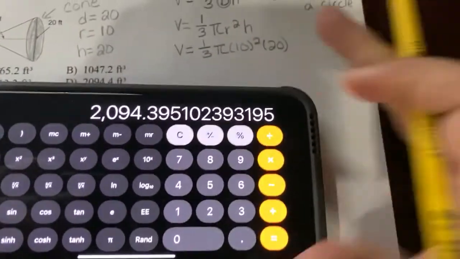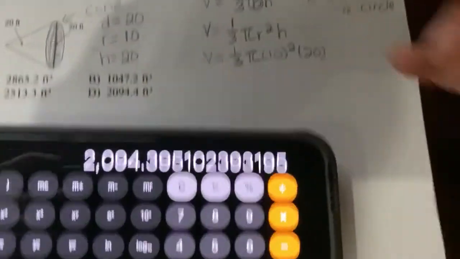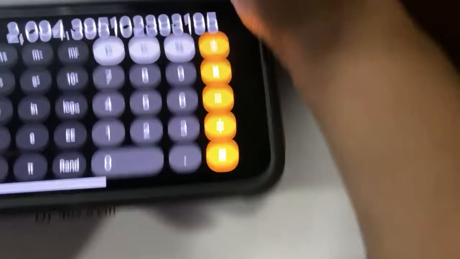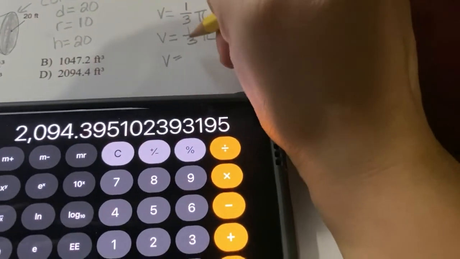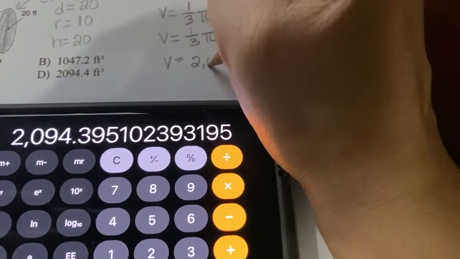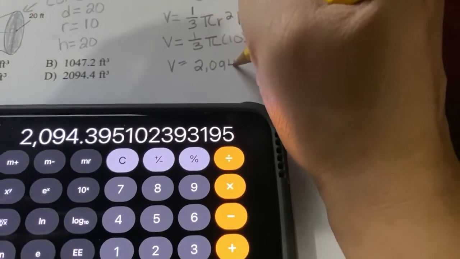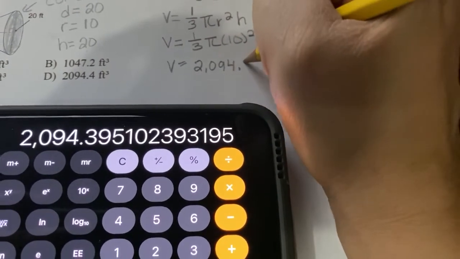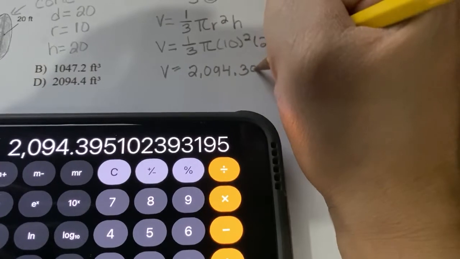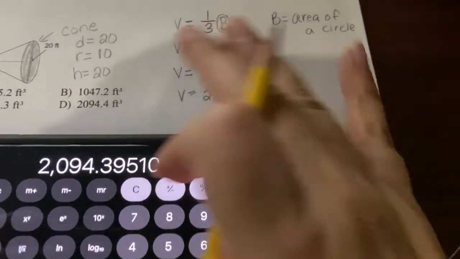And so I'm going to go ahead and write down the number. And again, I am rounding to the tenths place, so therefore I need to write down 2 places after the decimal.